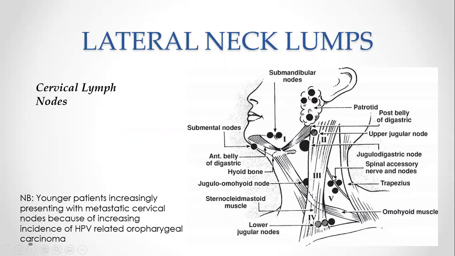And this is a posterior group along the accessory cranial nerve, number 11. And this is the lower jugular node. This is the supraclavicular fossa. So we can look at level 1, level 2, level 3, level 4, and level 5. These are the groups of the lymph nodes.